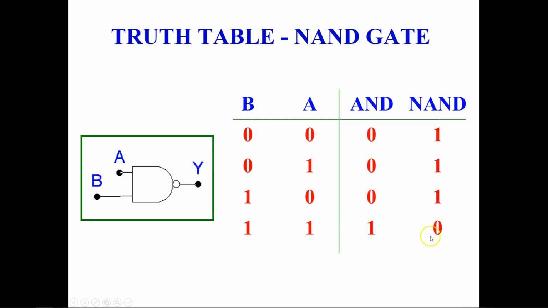So this output you see is basically representing your Y, and this is the NAND output. So if we look at this output, we can say in the case of the NAND gate, if both the inputs are high, then the output is going to be low, otherwise it is going to be high.